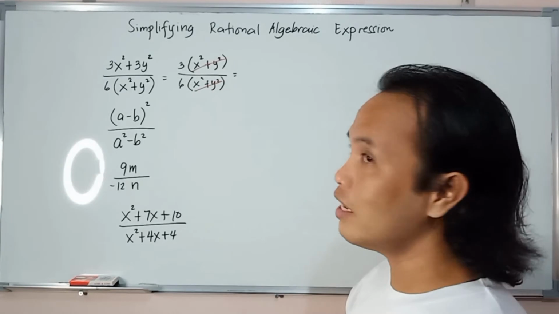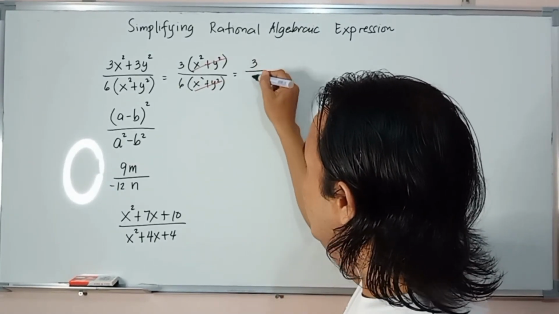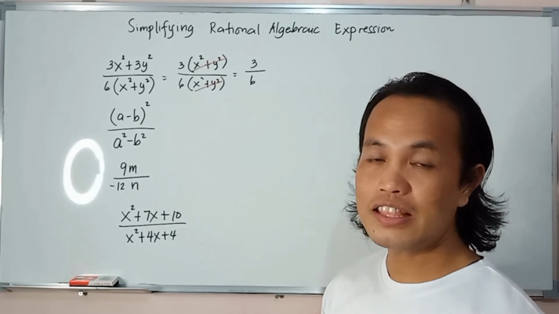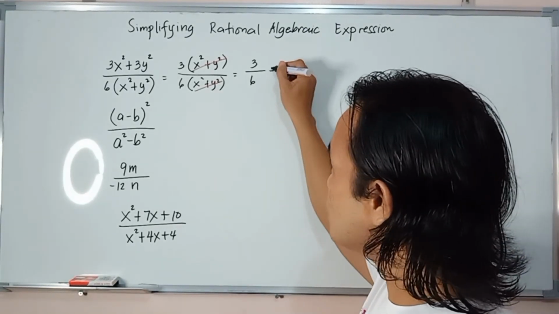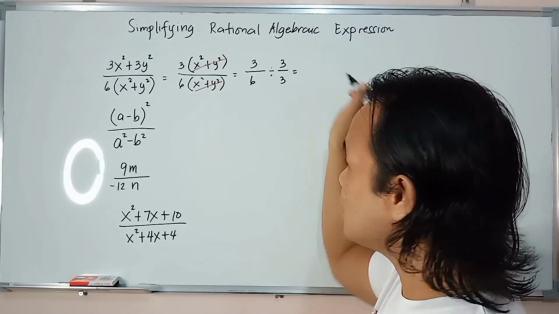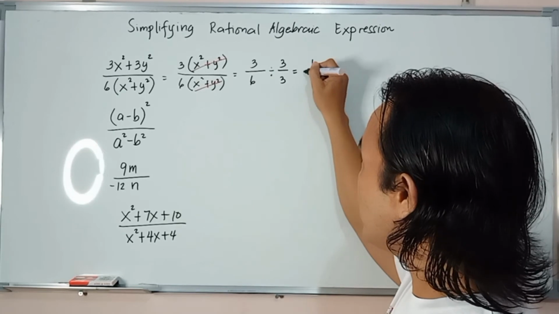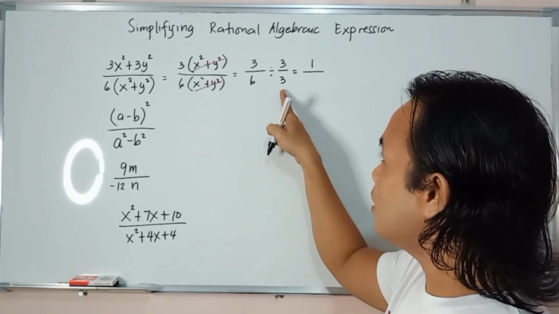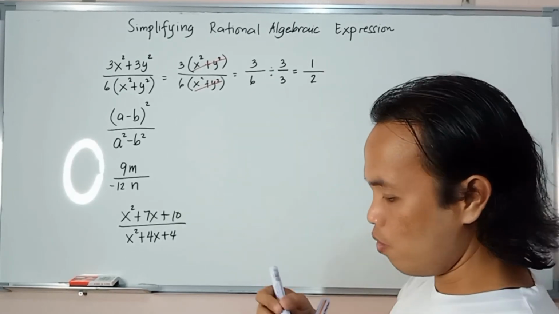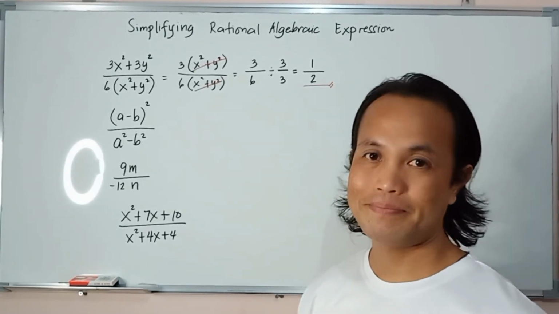What remains shall be 3 over 6. And 3 over 6 can be reduced to lowest terms. We divide both the numerator and denominator by the greatest common factor. So 3 divided by 3 is equal to 1, and 6 divided by 3 is 2. So our final answer shall be 1/2.